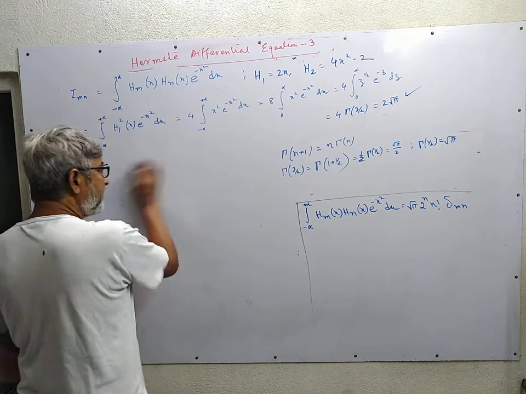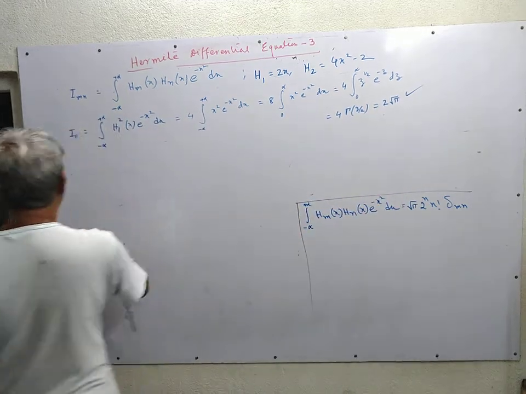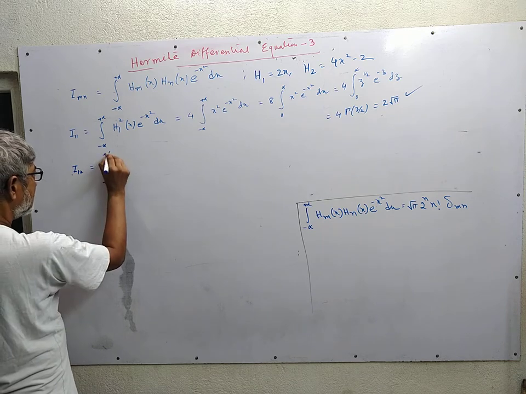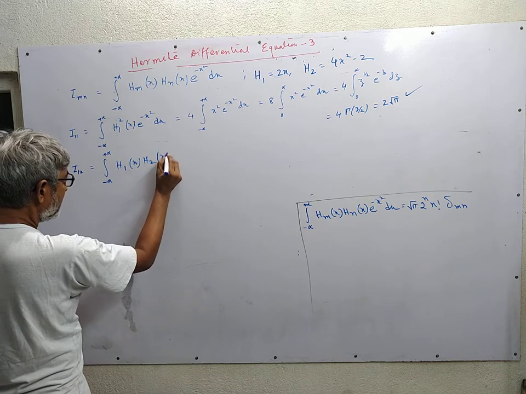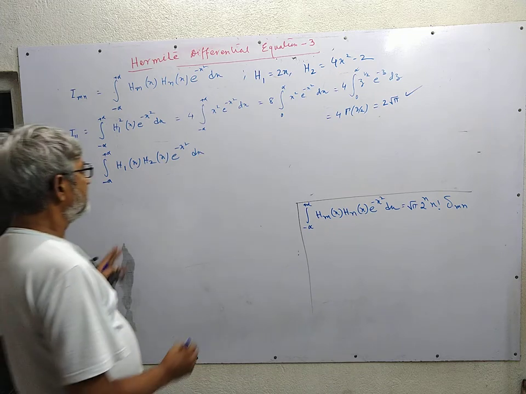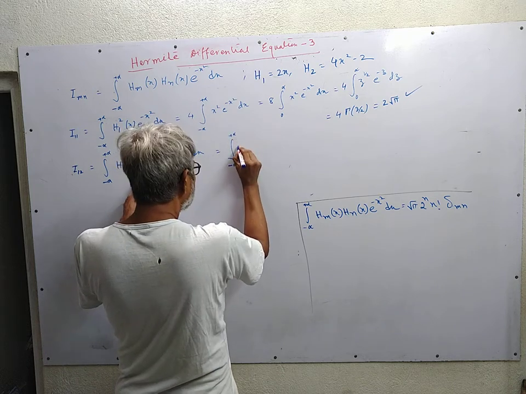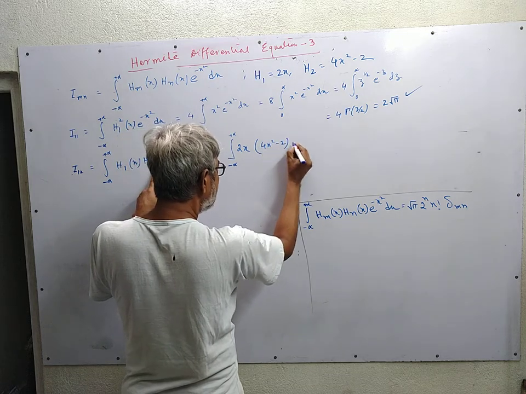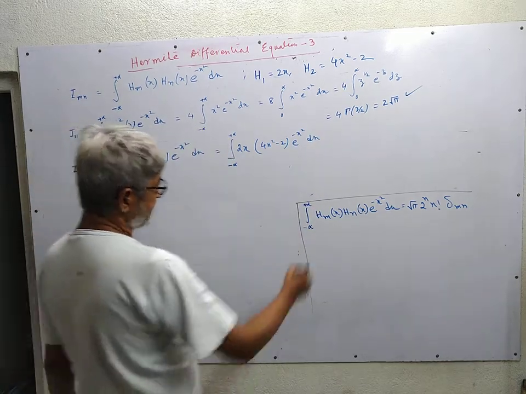Now we consider I12. This is equal to the integral of H1 H2 e to the power minus x square dx. As the integrand is odd, the result is 0.